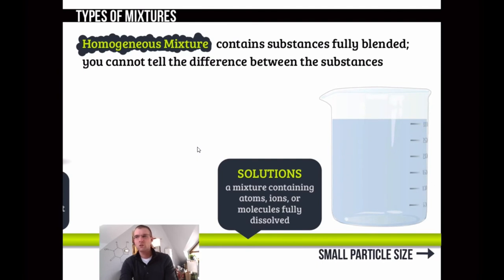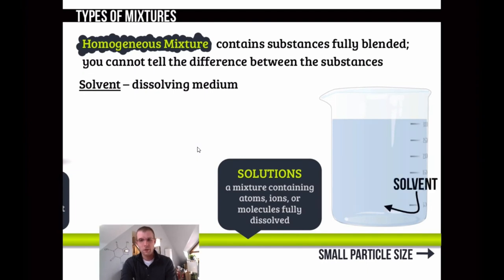In solutions, we have particular terms for this dispersing particle and dispersing medium that I've been talking about. For instance, the solvent in a solution is what we call the dissolving medium. So in this beaker of water here, the solvent would be the water in the beaker. It's not till we get to the stuff that we're actually dissolving that we call a solute.